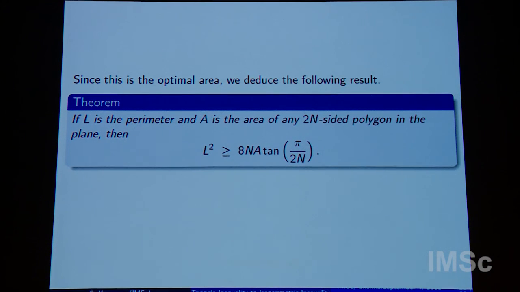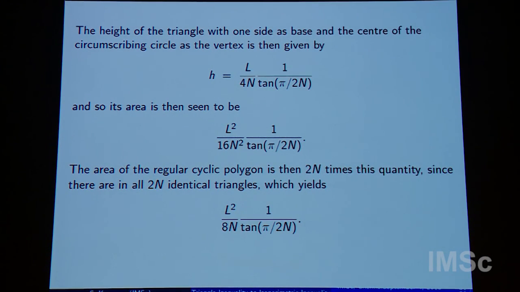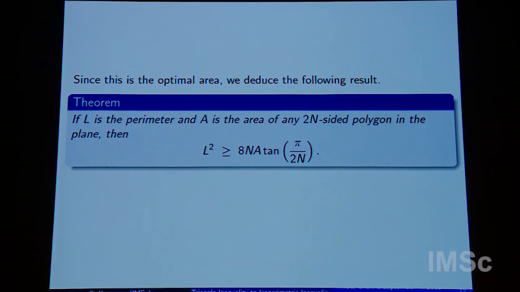If L is the perimeter of any 2n-sided polygon and A is its area, since I know that A is less than the area of the regular polygon, which is given by L square by 8n tan pi by 2n, so A is less than this. Okay. So, I cross multiply, I get L square is greater than 8nA tan pi by 2n.